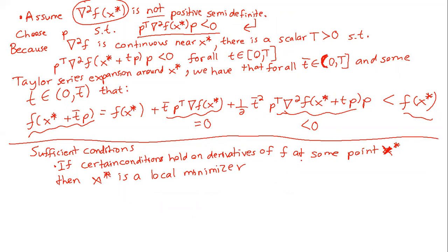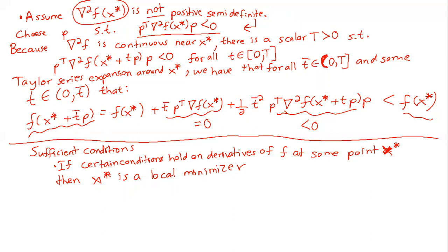So before, the necessary conditions said, assume that I have a minimizer, then what's true? And this one is going to say, I don't know if I have a minimizer, but I know these things are true. Tell me that it's a minimizer. So it goes the other way.